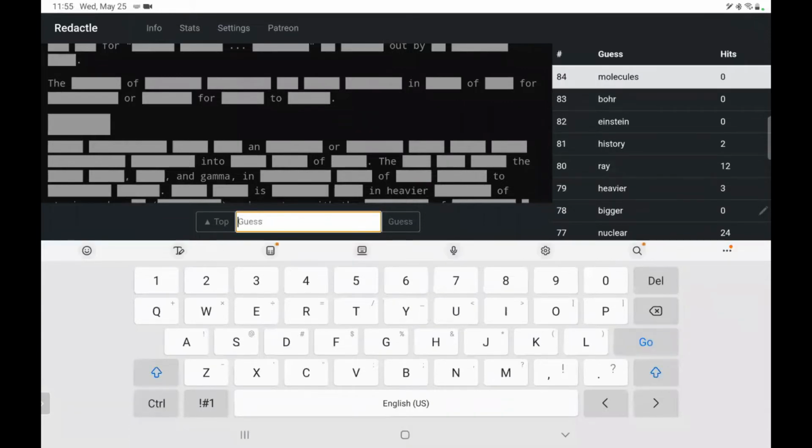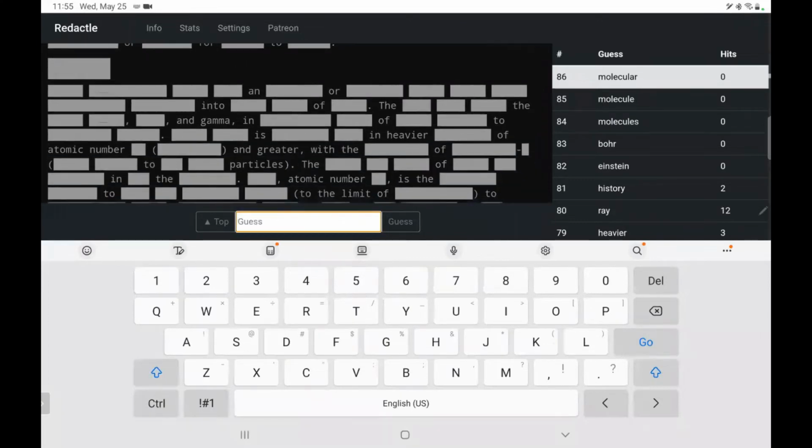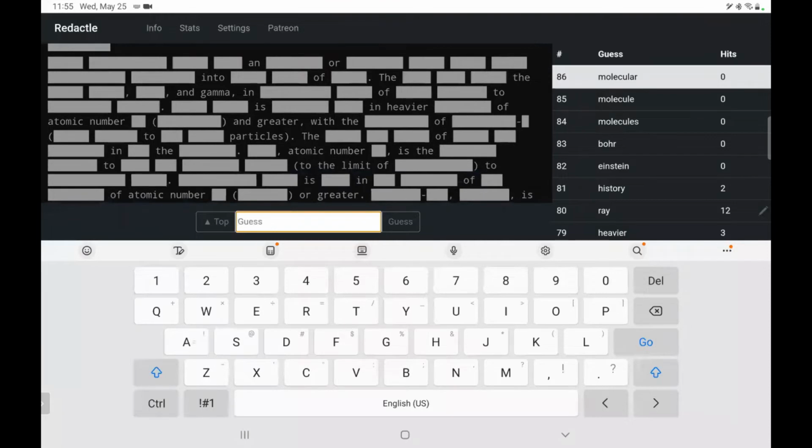No, molecule, molecular. Oh, maybe addition.